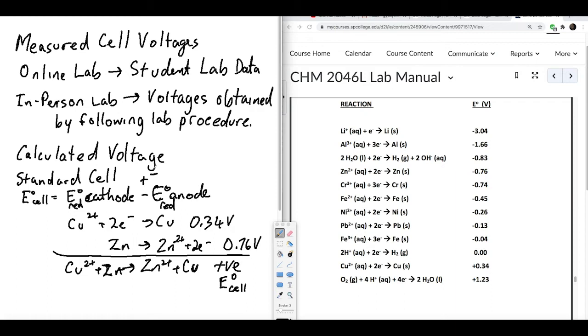This will always be a positive value, and if you're getting a negative value, it means you flipped the wrong thing. But remember, all of these are reduction potentials, and when you flip them around you turn them into an oxidation. A standard cell has to consist of both a reduction reaction and an oxidation reaction.